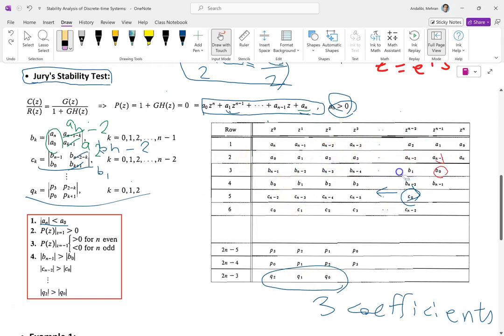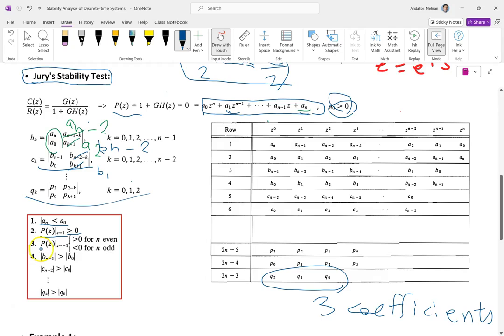You need to evaluate this polynomial p of z, at z equal 1, which is basically a point on the what? On the unit circle. The value of this p of z should be positive.